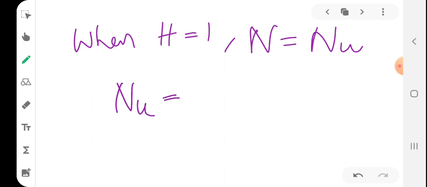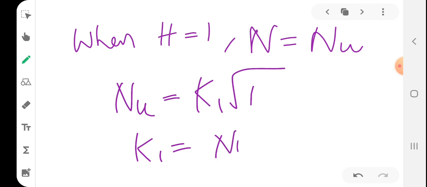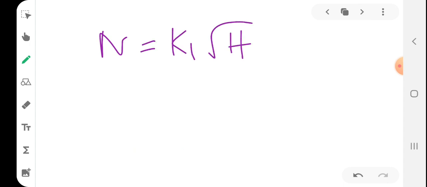So nu is equal to k1 into root 1. Root 1 is 1 itself. So k1 is equal to nu. So the constant of proportionality is unit speed. So n is equal to k1 root h, and you got k1 as nu.